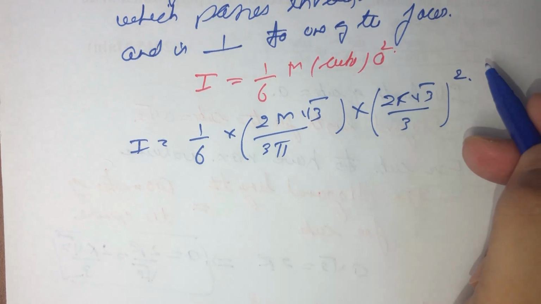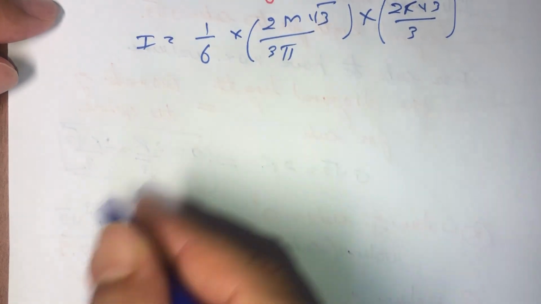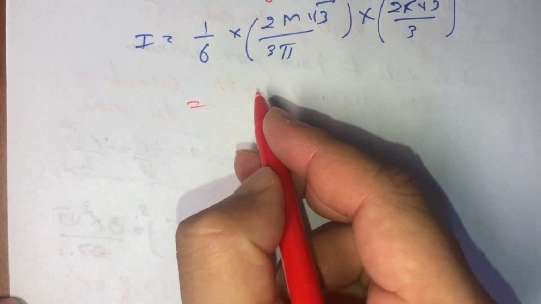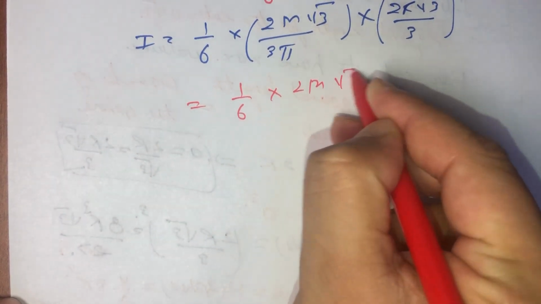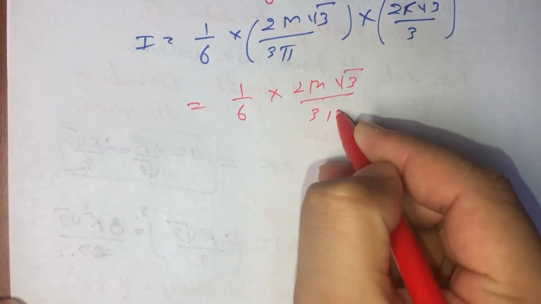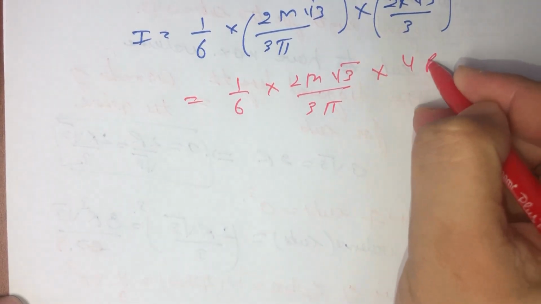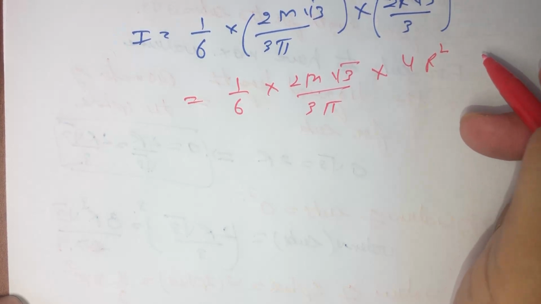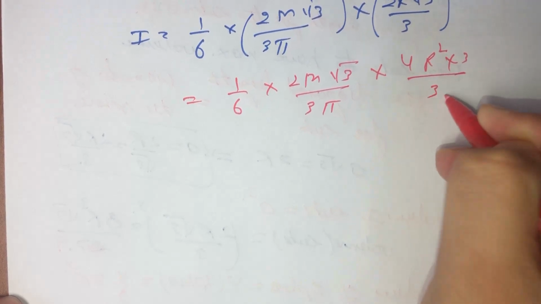Now it is a simple calculation. Our moment of inertia will be equal to 1 by 6 multiplied by 2m root 3 divided by 9 pi, multiplied by 4r square divided by 3.